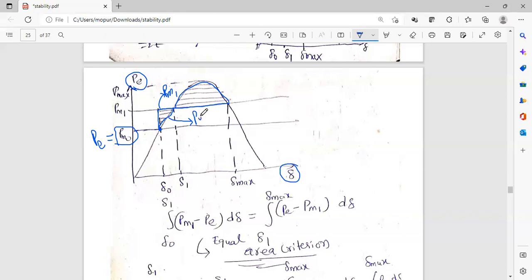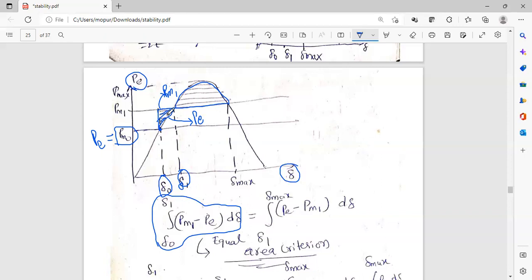So the integral under the limits delta naught to delta 1 of Pm1 minus Pe gives the area. Integration gives area, we know that. So, to get this area, the small element area, we are doing integral delta naught to delta 1 Pm1 minus Pe. That is this term. This term represents this area.